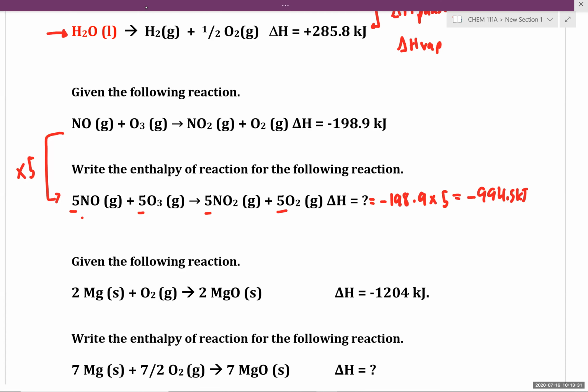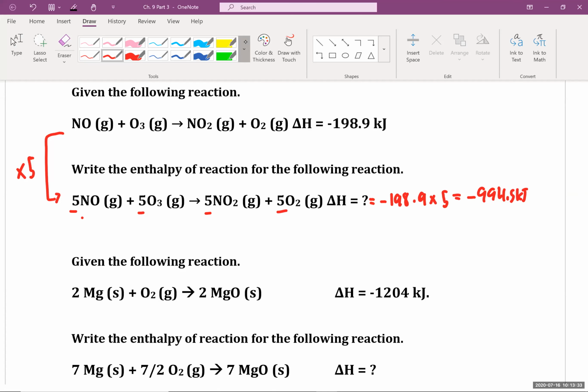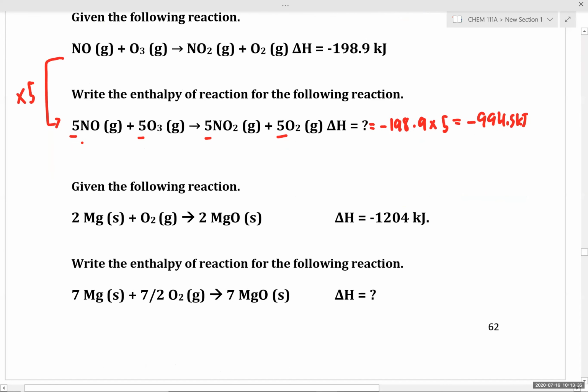Perfect. So let's try to apply what we've seen in this first example. We're given the following reaction above, and I'd like you to calculate the enthalpy for this reaction below. Your job is to figure out what I multiplied all of my coefficients by to generate this new chemical equation.